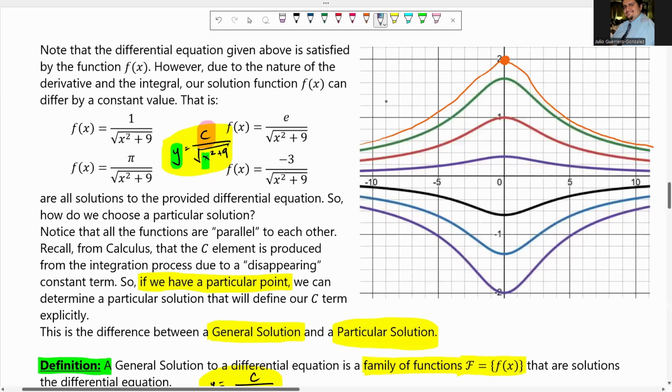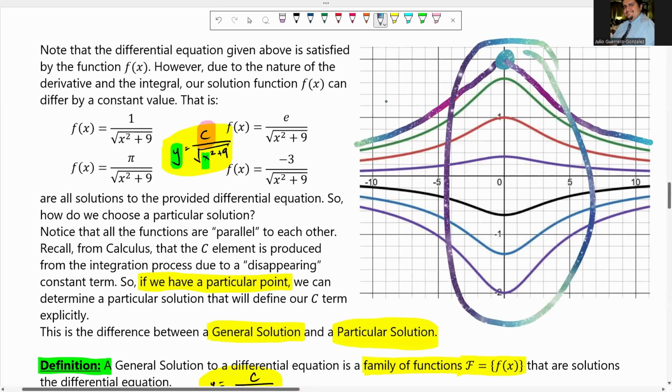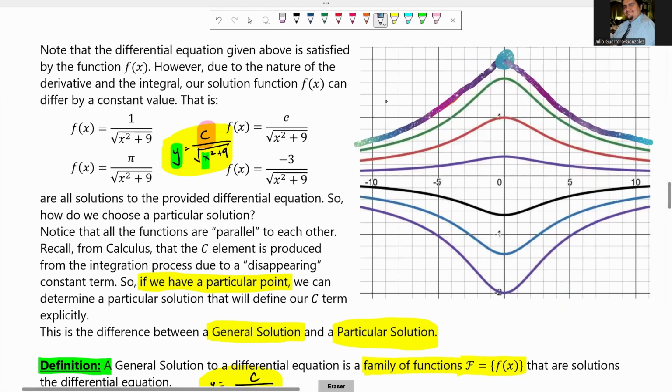We found this solution, my space pen solution, the one that goes through 0, 2. There we go. Okay, we ended up finding that one in particular. So out of the entire collection of equations that can satisfy this differential equation, we picked out one, a very specific one, the one that goes through 0, 2.